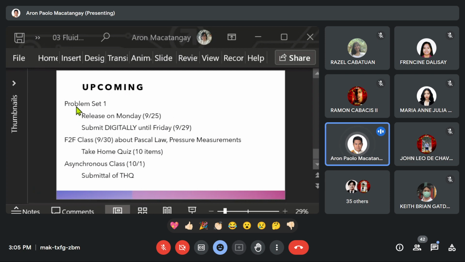The original plan was to submit it digitally until Friday, but it is better to submit it face-to-face on Saturday, since it is handwritten and I can see how you solve it. I will give the instructions tomorrow on whether it is online or a physical copy on Saturday. On Saturday, September 30, we'll discuss Pascal's law and pressure measurements.